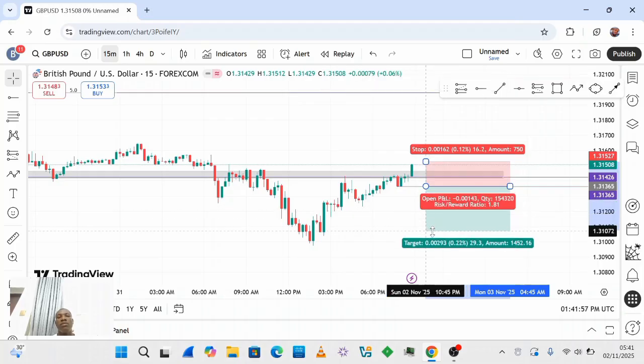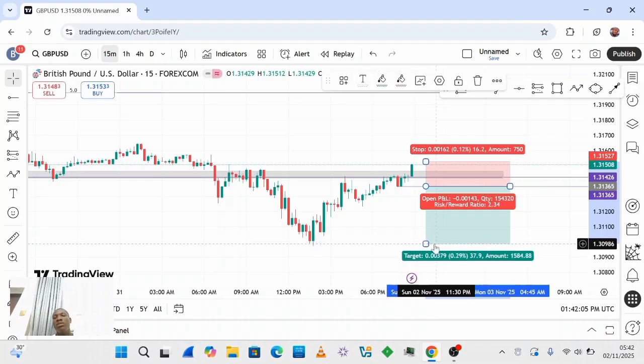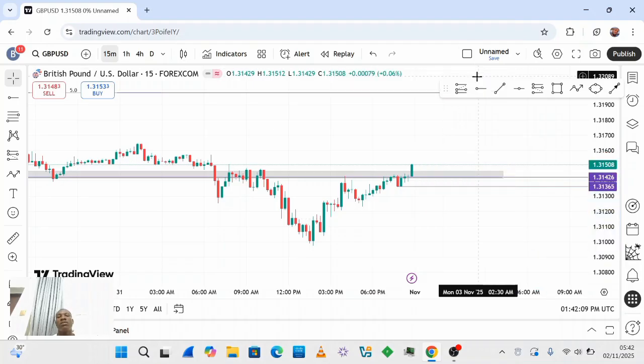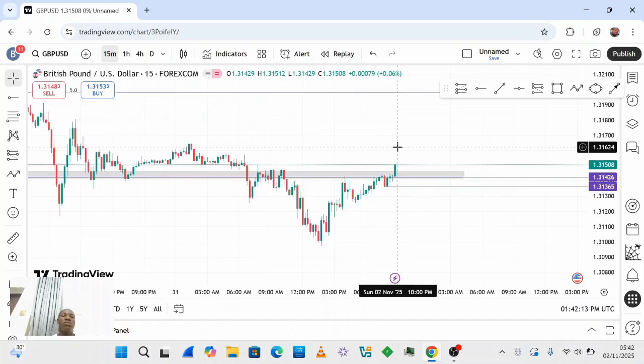Then my first take profit will be here. So that is how I basically do my trading. Although I have some other pairs, I just want to focus on GBP USD and gold for now.